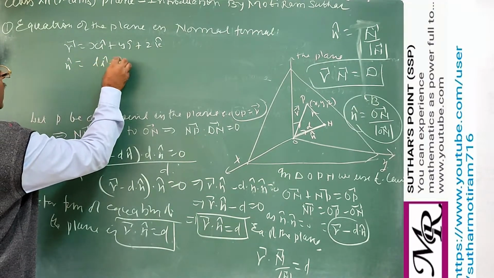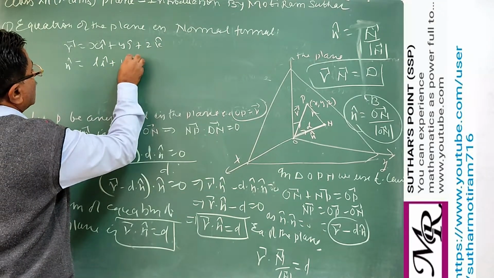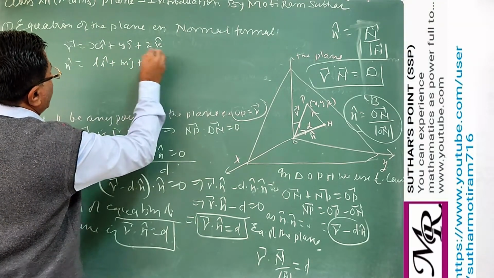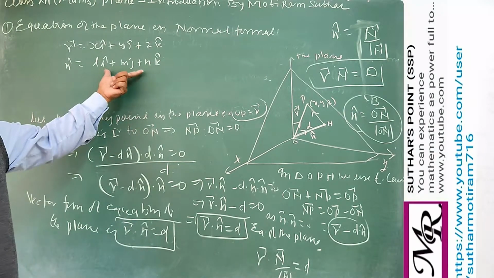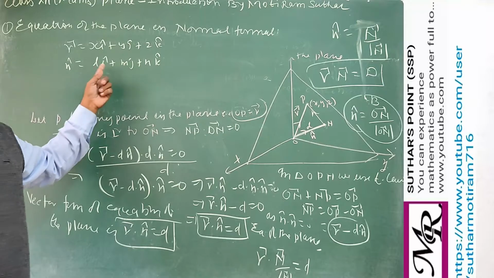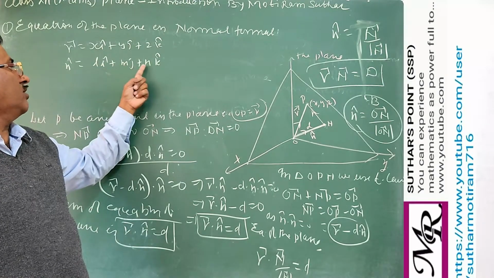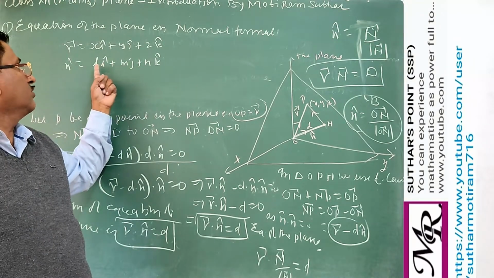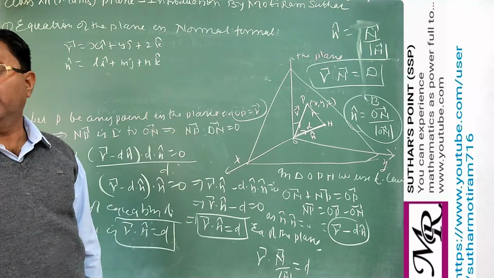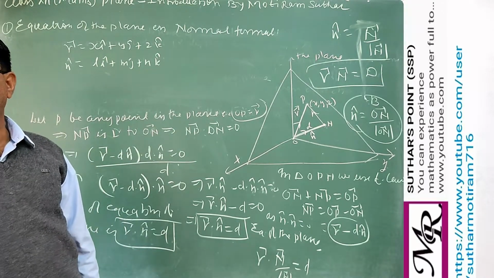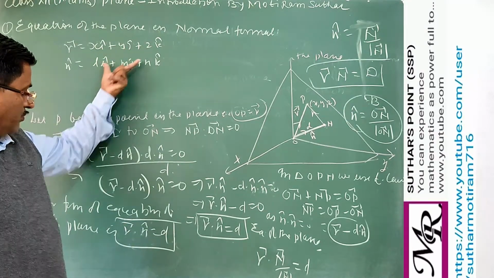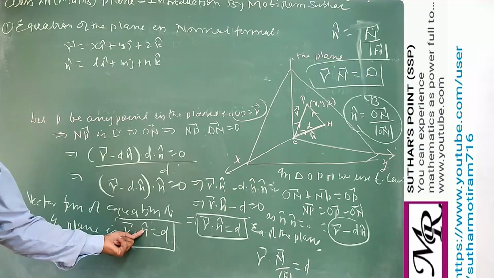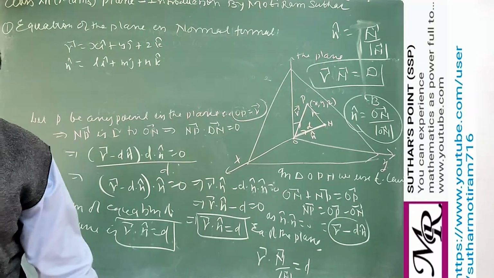We know that if a unit vector is given, then there should be direction cosines. This is also a unit vector. Why? Because if you see, the sum of squares of the coefficients of i, j, k is 1. That's why this is n cap. So this is the unit vector. Listen.